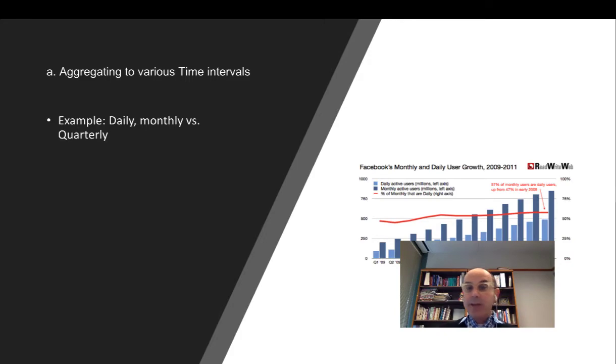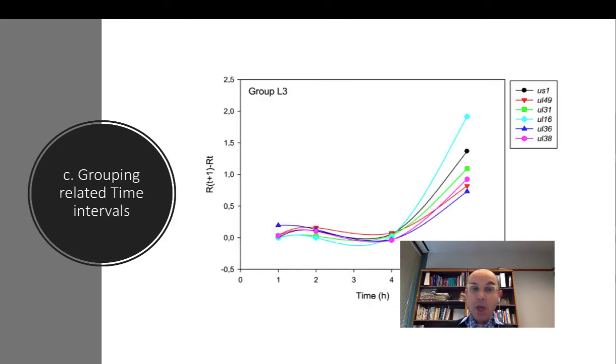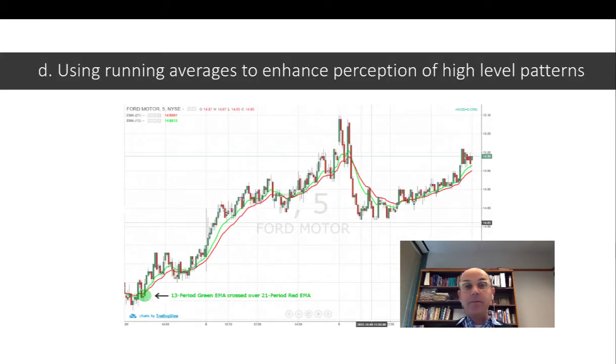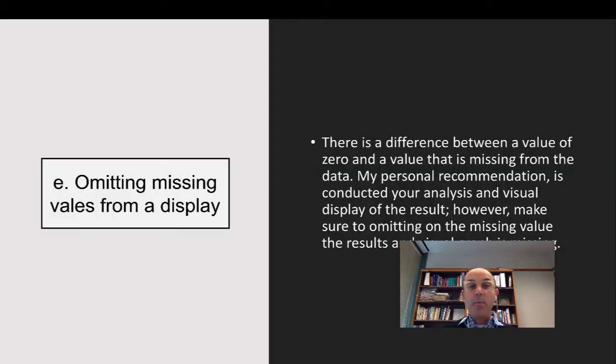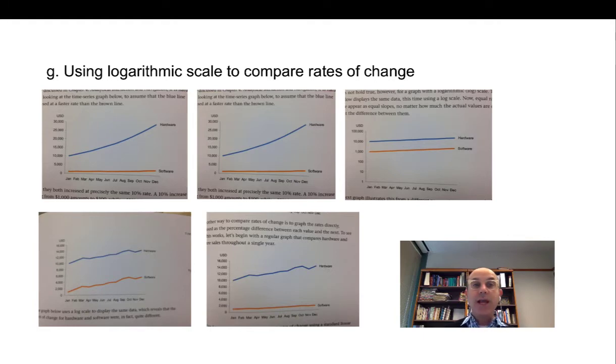So again, daily versus monthly, viewing time periods in context, grouping related time intervals, using averages to enhance understanding of the data, avoiding missing values in a display, optimizing the graph aspect ratio, and using scale to compare rates of change.